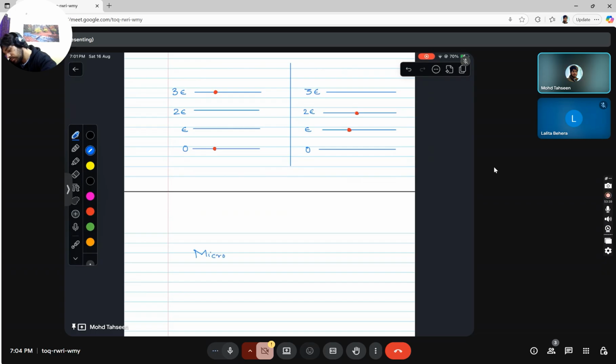So these configurations are called microstates. Microstates are distinct configurations which obey the constraint on the system.